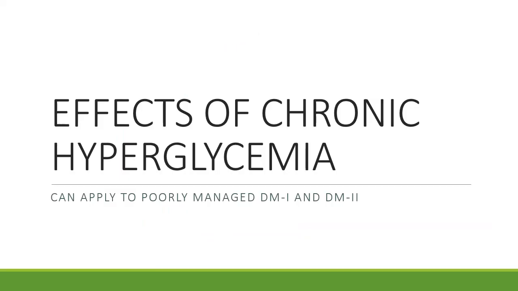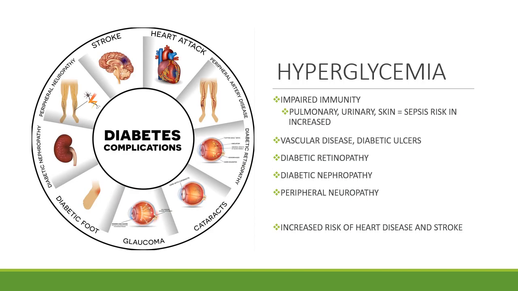Chronic hyperglycemia impairs almost every organ in the body. We have impaired immunity, so we're at risk for pneumonia, urinary tract infections, skin infections, and the risk of sepsis is increased from any insult to the pulmonary system, the urinary system, or the skin. Vascular disease is more common, as well as diabetic ulcers.